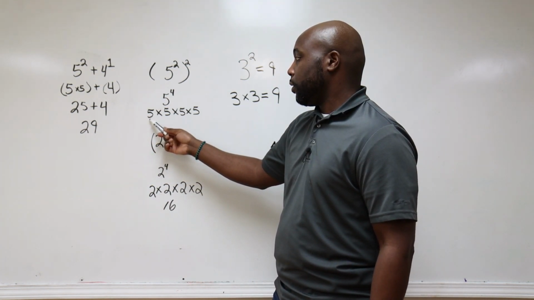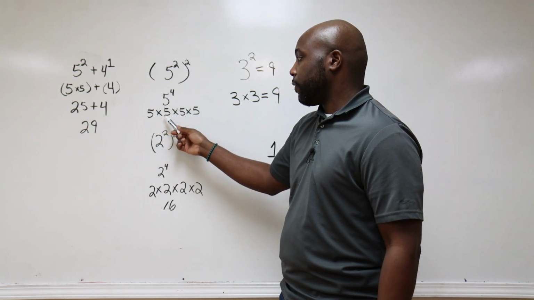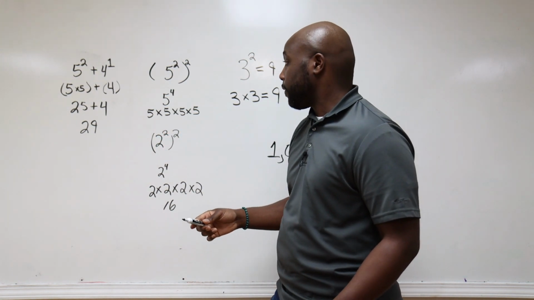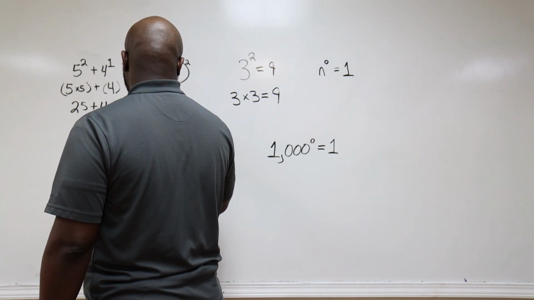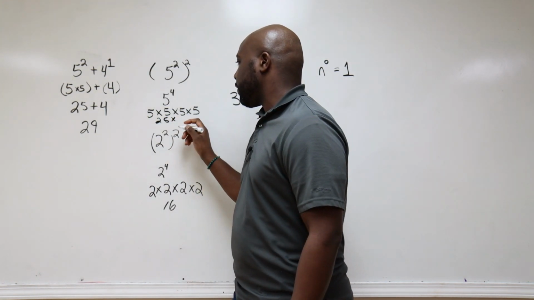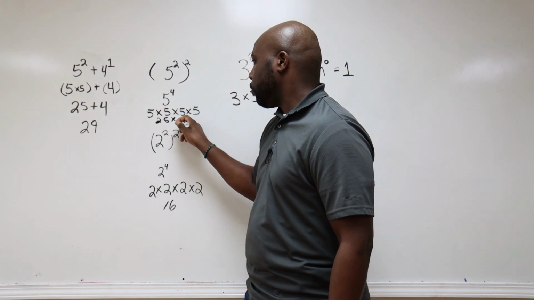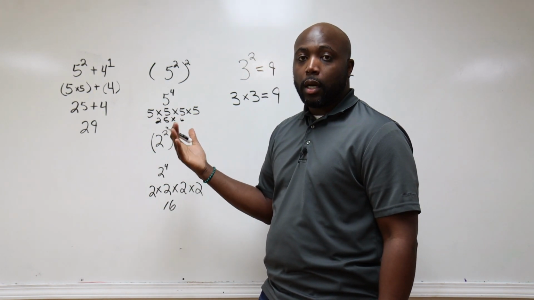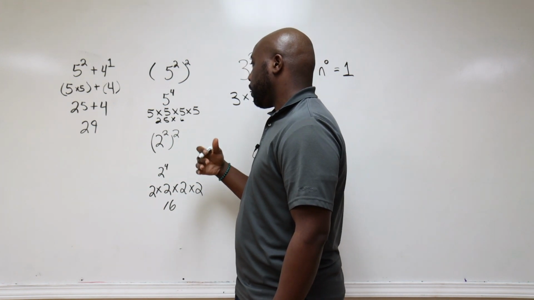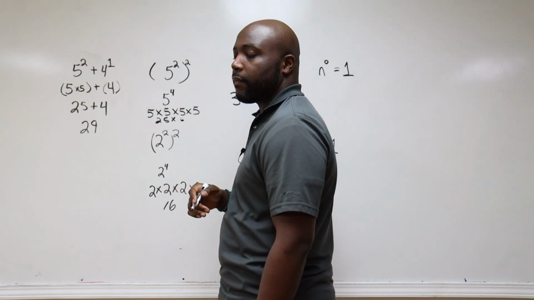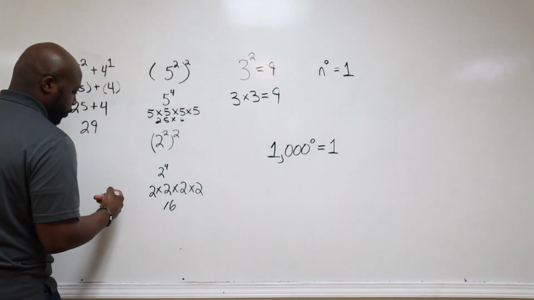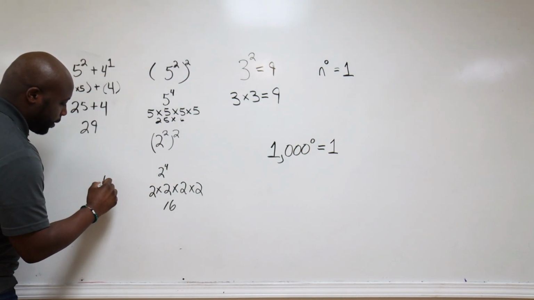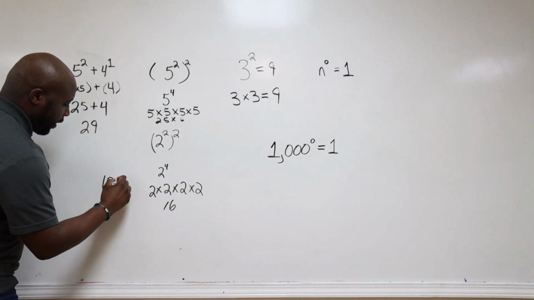So we can do 5 times 5, which is 25, times 5 more, which is 125, and then 125 times 5, which we can do right over here, and our solution is going to be 625.